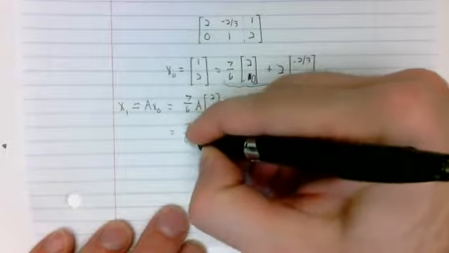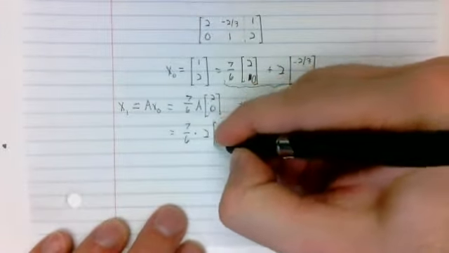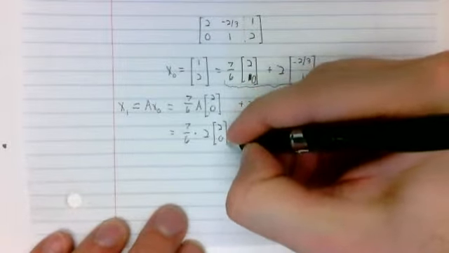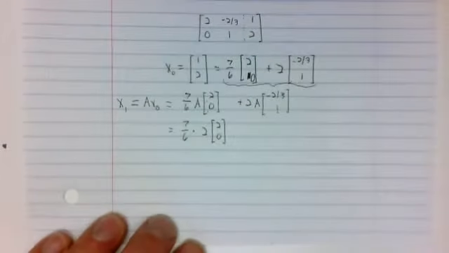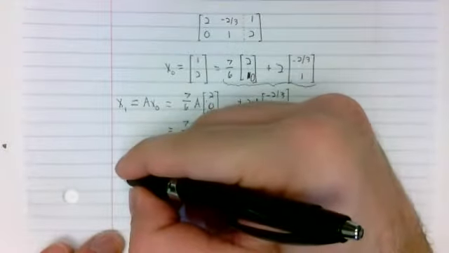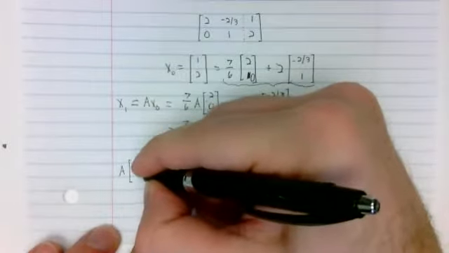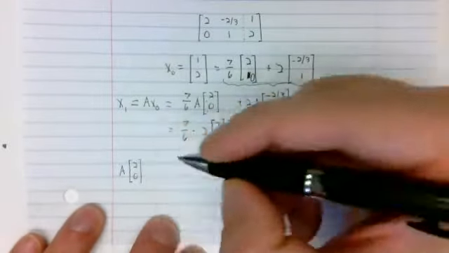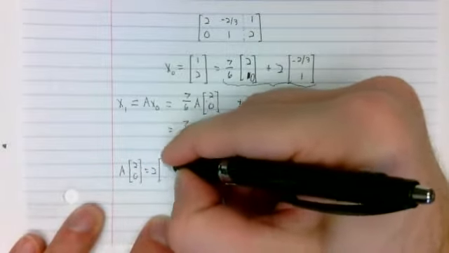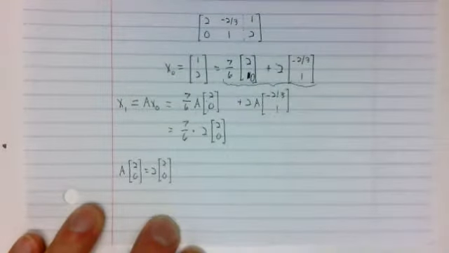So this is 7/6 times 2 times this vector. And again, that's just the definition of an eigenvector, that A times the eigenvector equals lambda times the eigenvector.